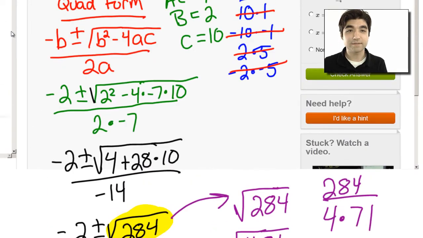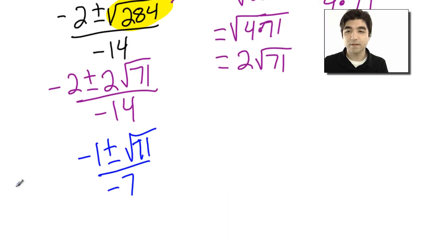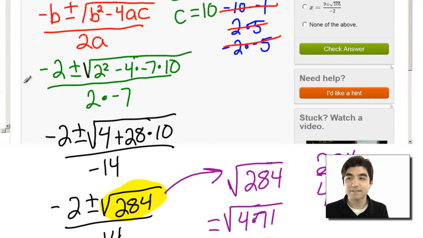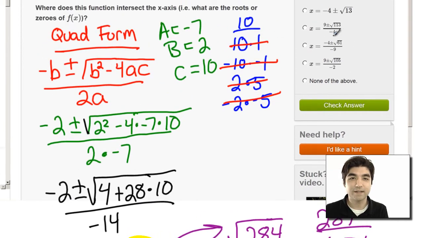So we got a lot of stuff going on. Alright, so I got negative 1 plus or minus the square root of 71, divided by negative 7. I'm guessing that, in my answer choices up here, that's none of the above.